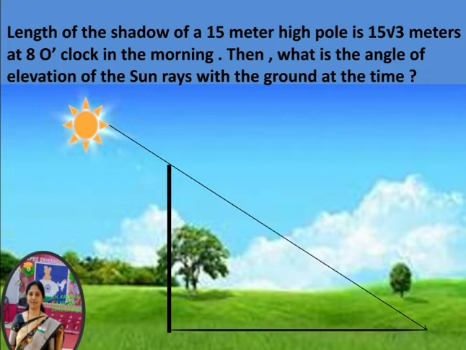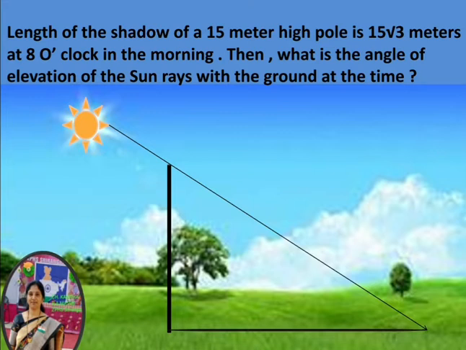Now, just see here. The sun rays and shadow meet at a particular point. Here, we have to find the angle of elevation of the sun rays with the ground. Where the sun rays and shadow meet at that particular point, we get the angle of elevation of the sun rays with the ground.